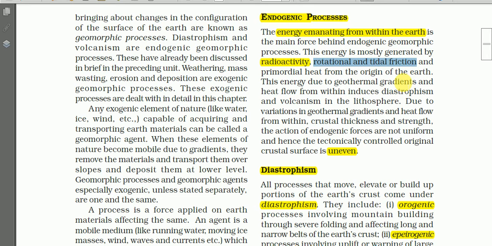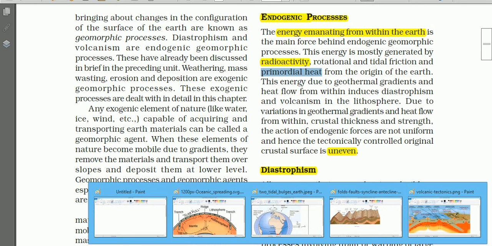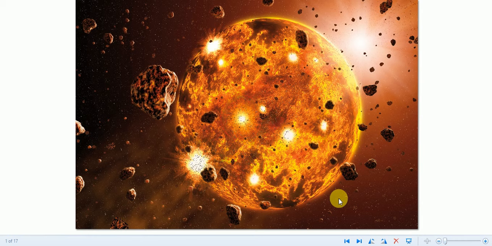However, this rotational and tidal friction is very important for the movement of the ocean waters, their rising and falling. Another one is the primordial heat, that is the heat retained from when the earth was formed. Here we have one more diagram. Let us suppose this is the primordial earth, the early earth.